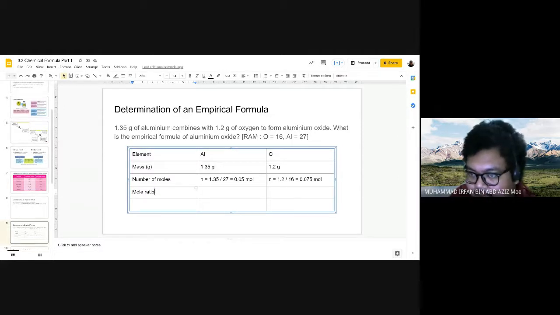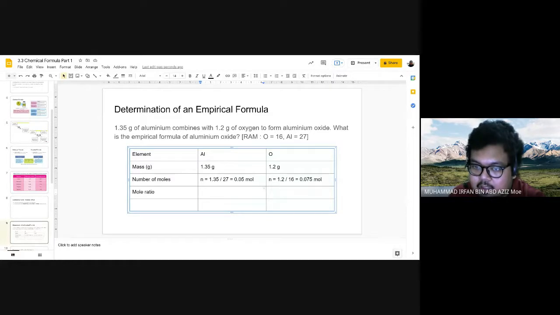In this question, which one yang ada smallest number of mole? Aluminium or oxygen? Al, aluminium. So, kita ambil smallest, which is 0.05.